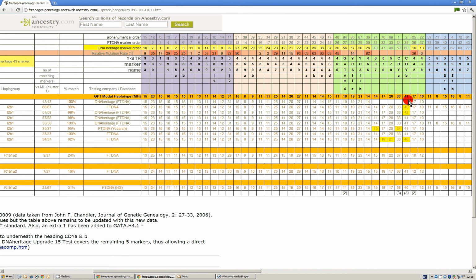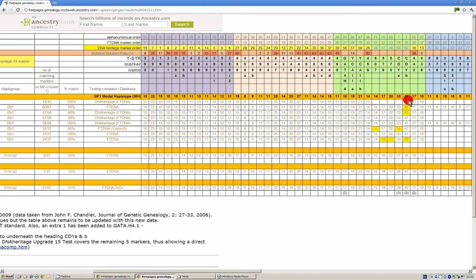Now, why is the modal haplotype important? It's because on the balance of probabilities, this is the unique genetic signature of our most recent common ancestor. So if we think that it went back to the 1700s and he's our great-great-great-great-great-great-great-grandfather, this would be what his genetic signature looked like.